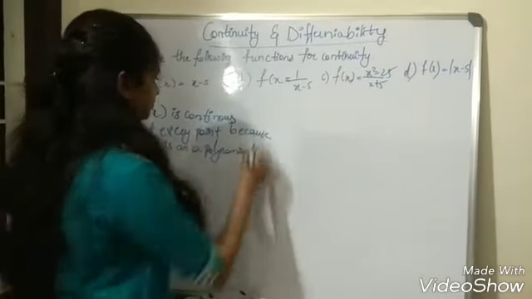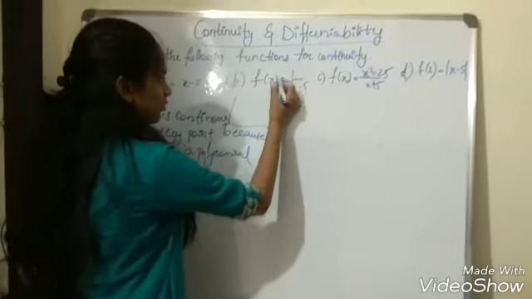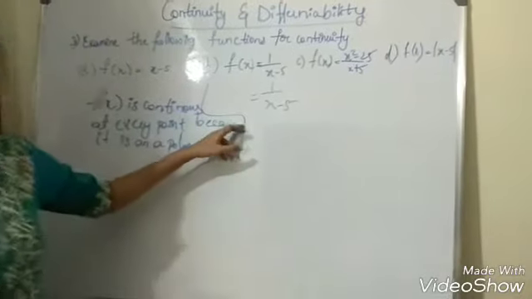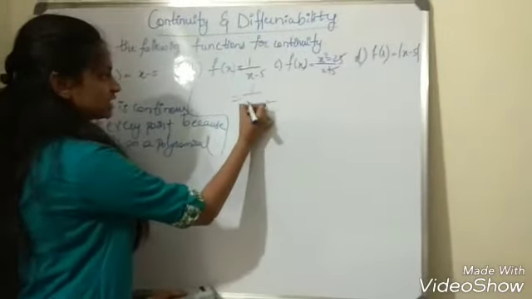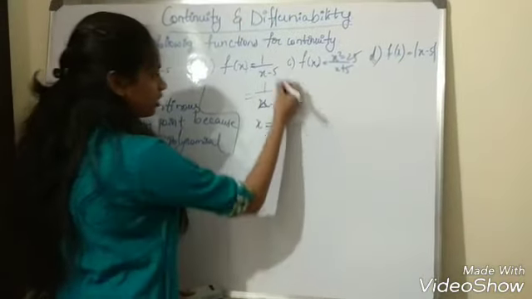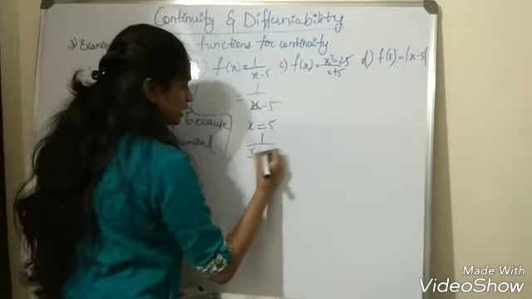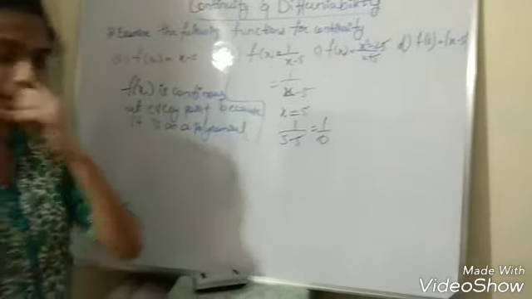So let's see B. f of x is equal to 1 by x minus 5. It's a quotient function. Now you see the denominator, it is x minus 5. If the value of x is equal to 5, then what happens? It will be 1 by 5 minus 5, which is equal to 1 by 0. 1 by 0 is undefined.